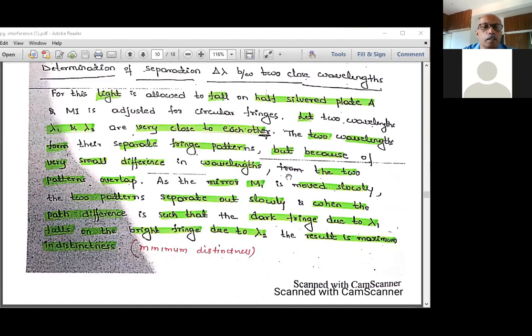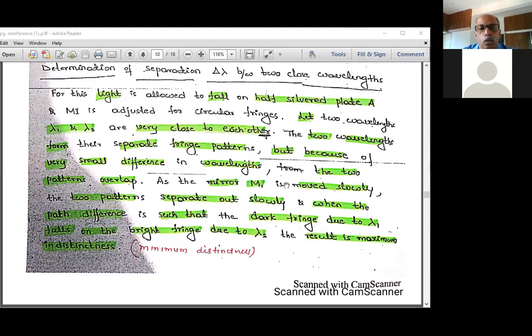So we considered yesterday two wavelengths, lambda 1 and lambda 2, of two sources which are very close to one another, and these two wavelengths are simultaneously made to fall on the system.